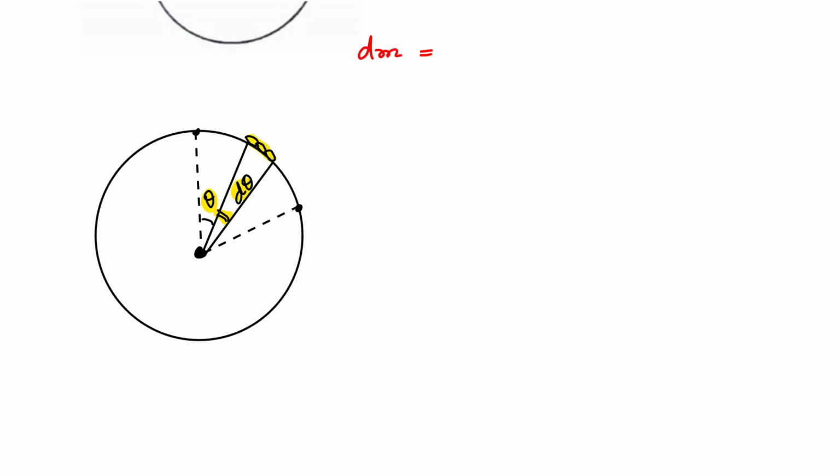So dm will be what? You know the total mass is m, and mass per unit length will be m by L, and this length will be r d theta. So this is r and this angle is theta. This means this will be simply r d theta. So dm will be m by L times r d theta.